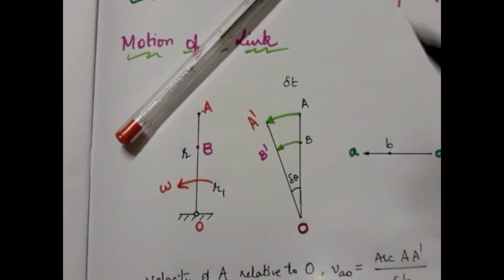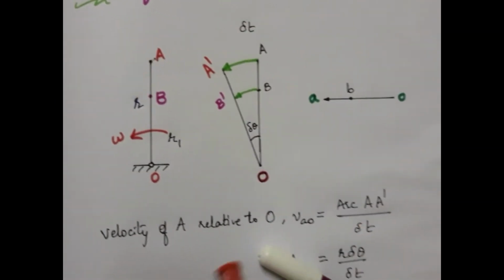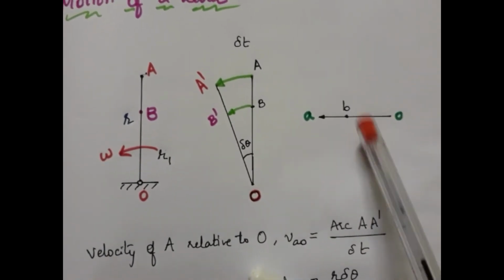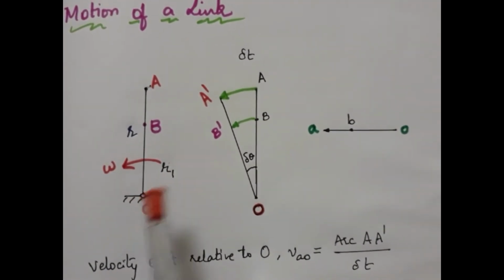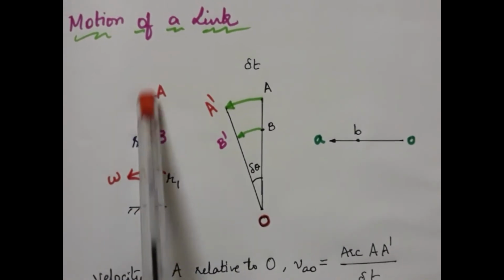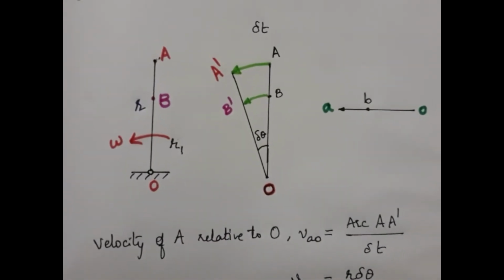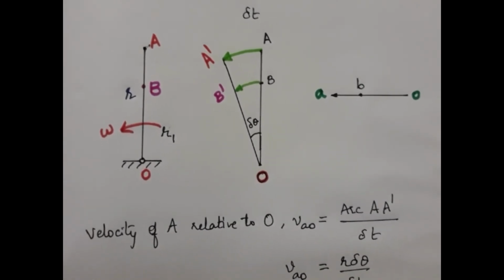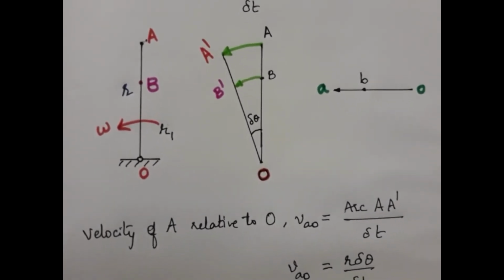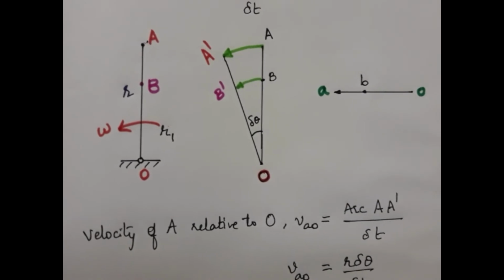So depending on what instant it is, the velocity diagram will change. This is not fixed for a given link; it is fixed only for an instant. When OA assumes some other position, the velocity vectors also will change, and the direction will change accordingly.